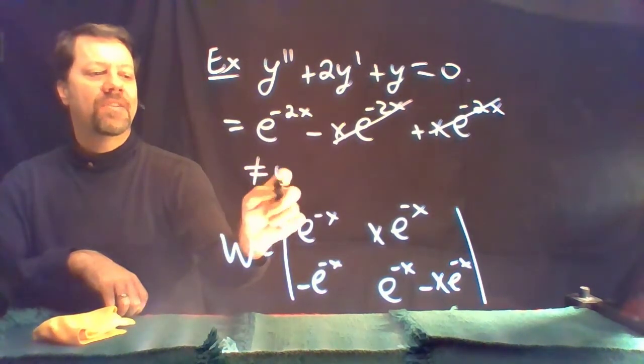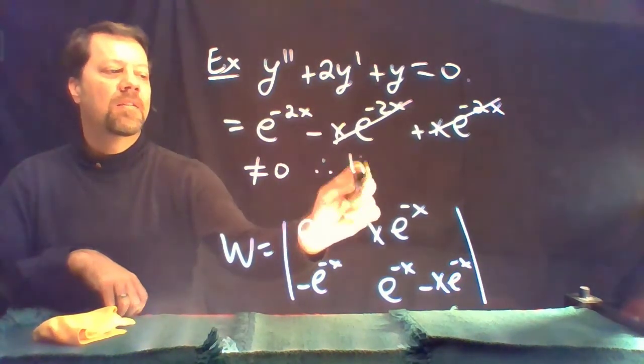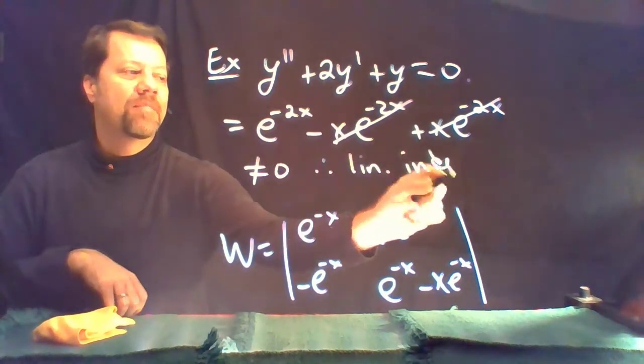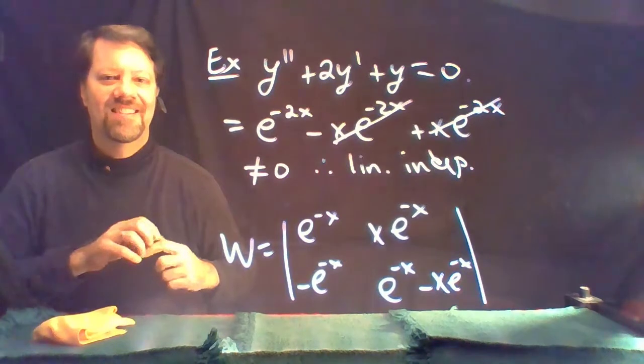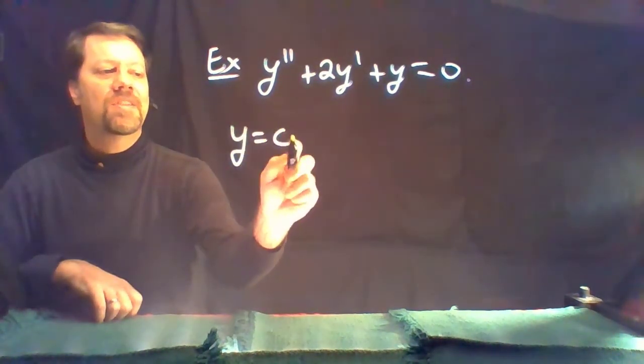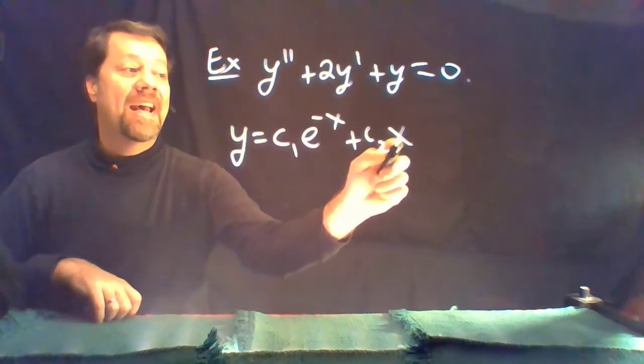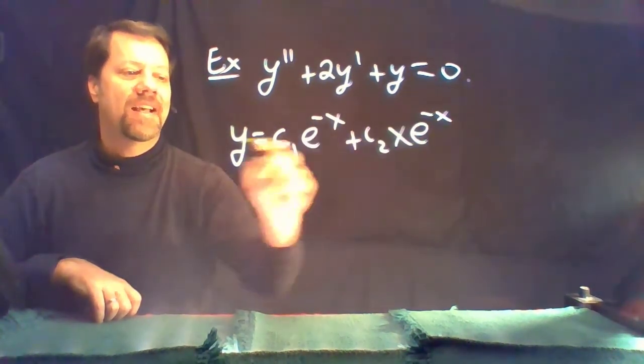And what we get here is not 0. Therefore, they're linearly independent. We deduce then that the general solution is c1 e to the minus x plus c2 x e to the minus x.